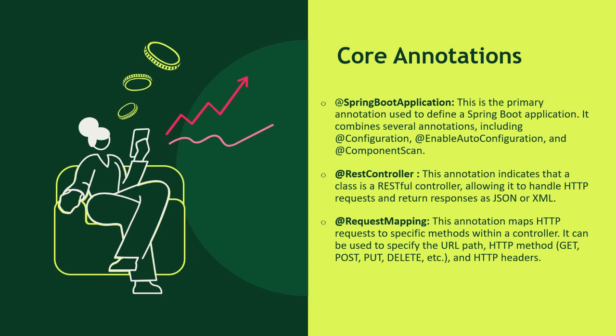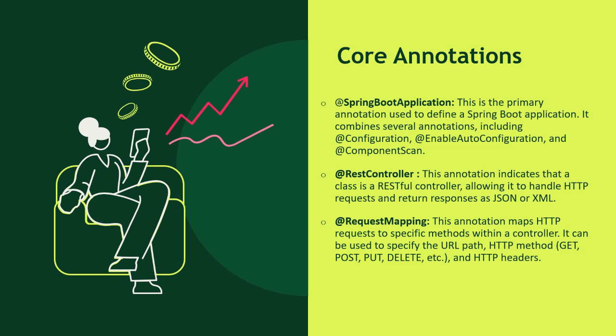It will perform the auto configuration, exclude the classes, include the classes, and component scan in the packages. This @SpringBootApplication is required by a Spring Boot application. The alternative for this is, as I said, you can use these three annotations in place of that.